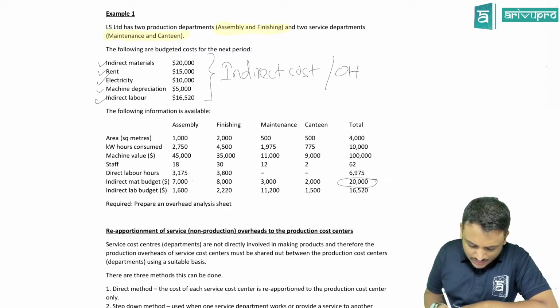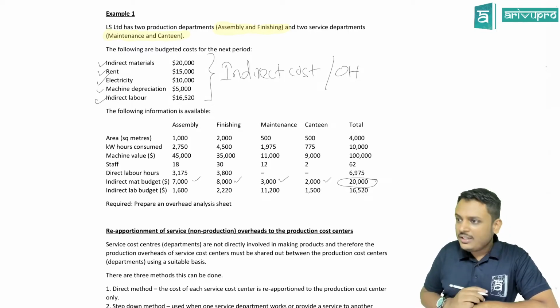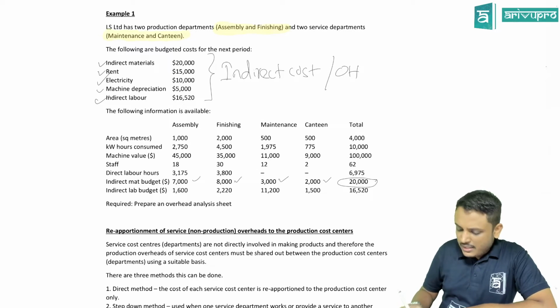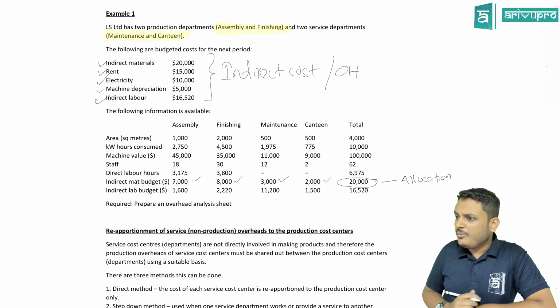Assembly how much? 7,000. Finishing how much? 8,000. Maintenance how much? 3,000. Canteen how much? 2,000. Which means we clearly know how much material is used by each department. Therefore, this comes under allocation. Understood? Because we know how much they consumed.